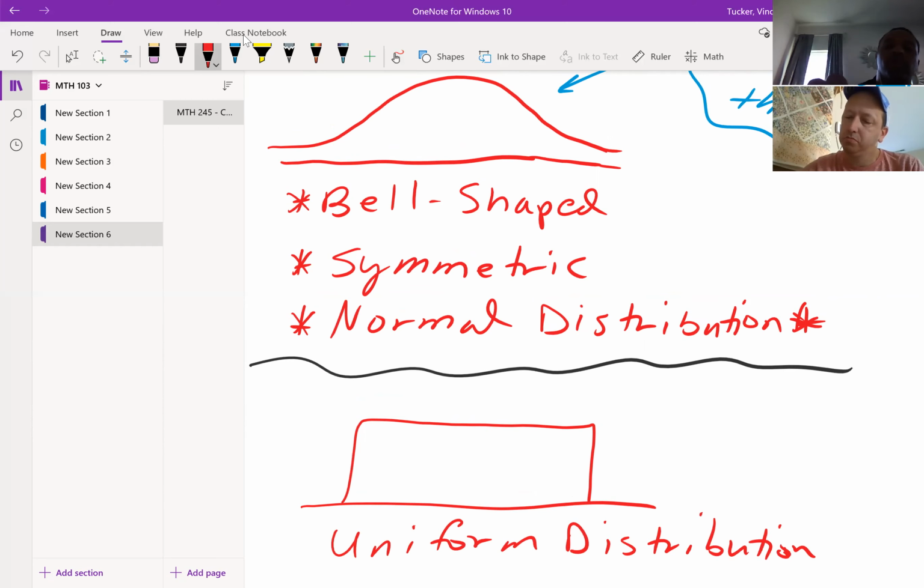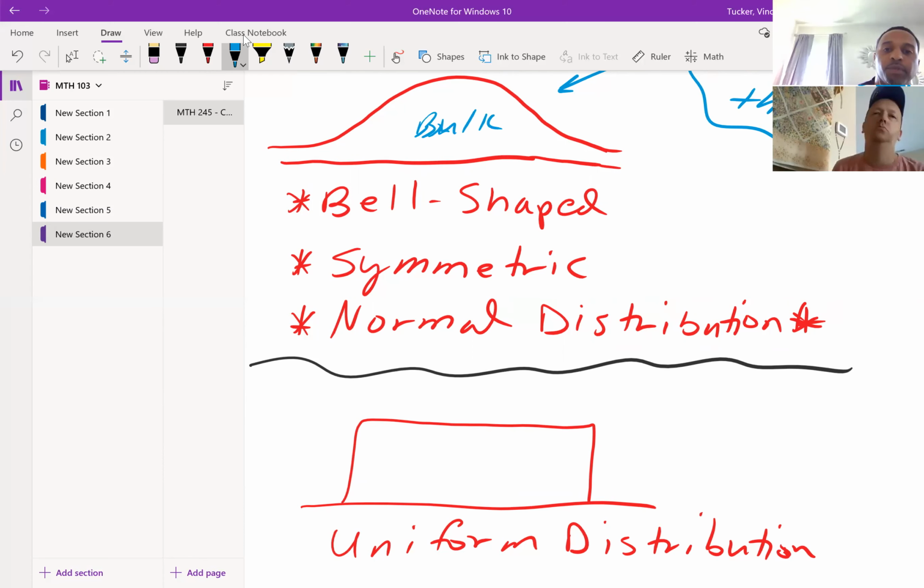So the bulk of your distribution is here. And as you move away from the middle, the least amount of your distribution occurs. And then this bulk of distribution will be where your average lies. So like I said, we'll talk more about that in detail.